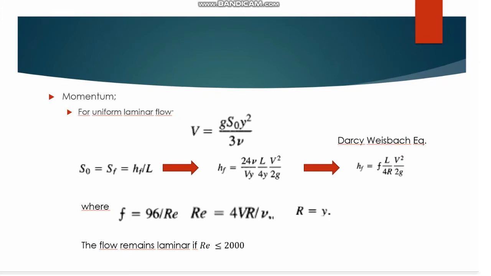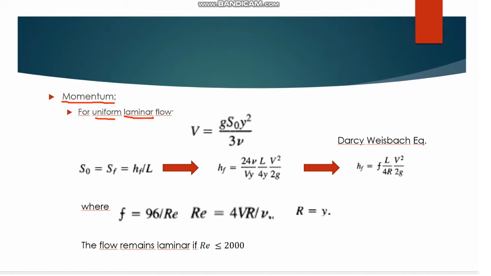The second thing is the momentum equation. In the momentum equation, we first consider laminar flow, but uniform. Uniform means everywhere is the same, like the depth increases uniformly.